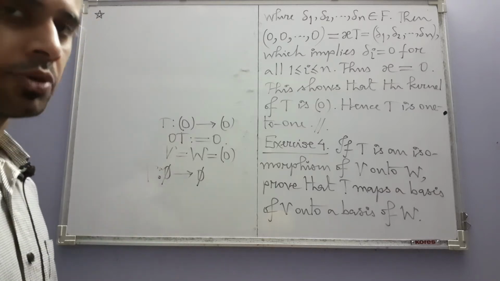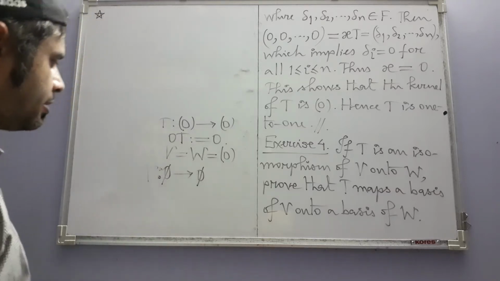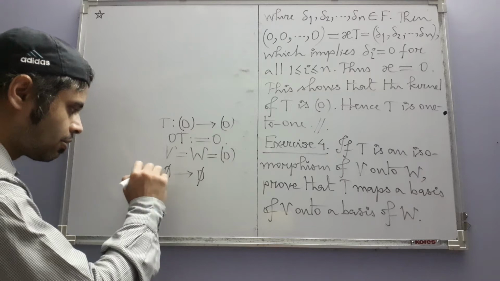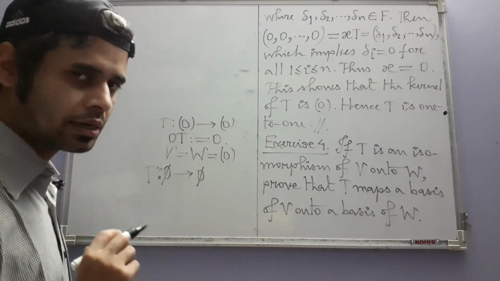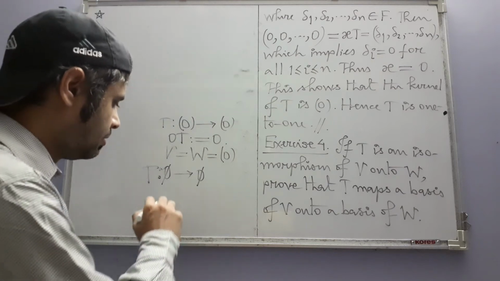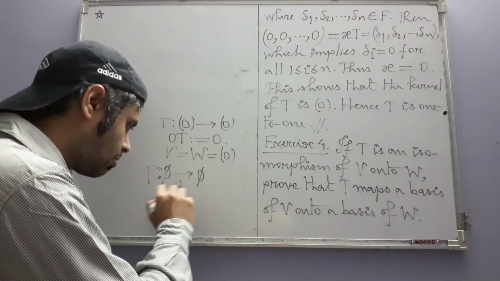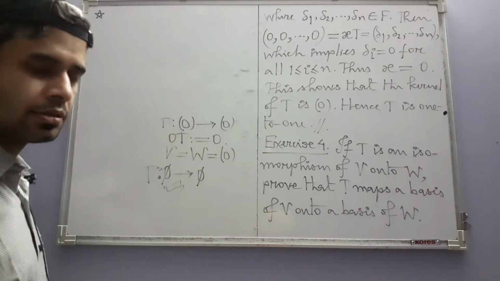Now here there is a problem. The problem is that the notion of function or mapping that we have in Herstein's Topics in Algebra does not cover this single case.